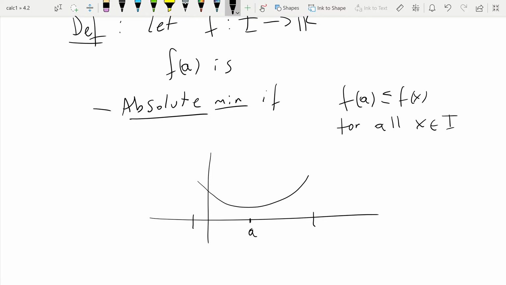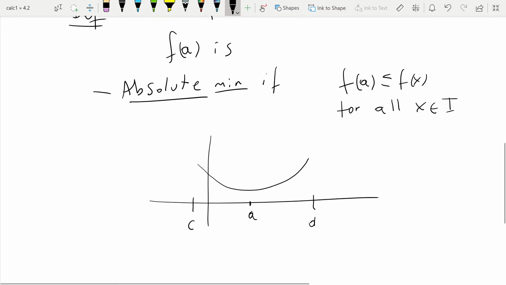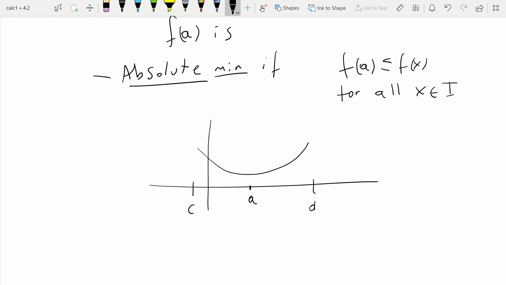So this is A, say that the interval is the interval C, comma D. At A here, the value f of A is smaller than any other value of the function in this interval.